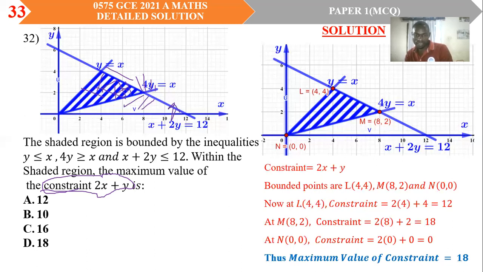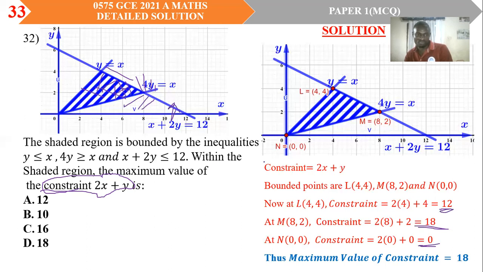At the point L, which is (4, 4), the constraint is satisfied by 2 times 4 plus 4, giving us a value of 12. At the point (8, 2), 2 times 8 plus 2 gives us a value of 18. At the point (0, 0), 2 times 0 plus 0 gives us a value of 0.